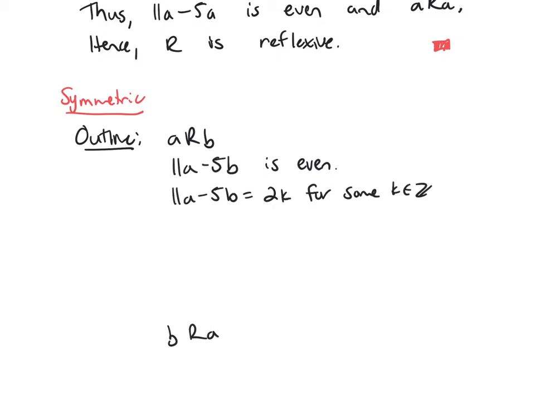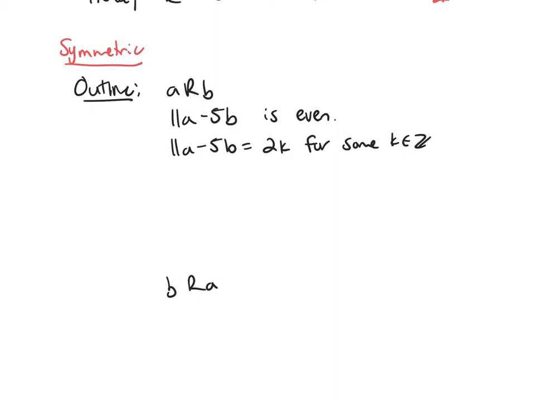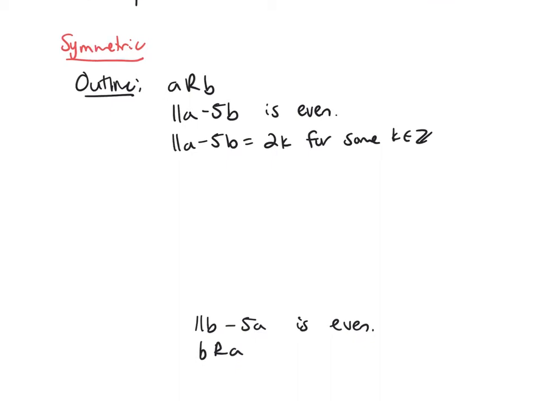Now here's where we want to keep in mind what we're trying to go to, the end of our proof. I'll give myself a little bit more room here. The end is that B is related to A. So 11B minus 5A is even. So what I'm trying to work up to is this term down here.